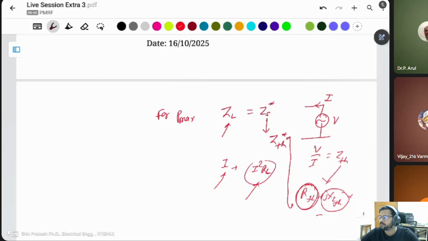Sir, actually, in circuit theory, Bode plot is higher level, no? Okay, for circuit theory, it will be simple. If you find the transfer function of this one, it will not be too complicated, only one pole or zero. If the zero is there, it means the S term is in the numerator, so the magnitude will be increasing.